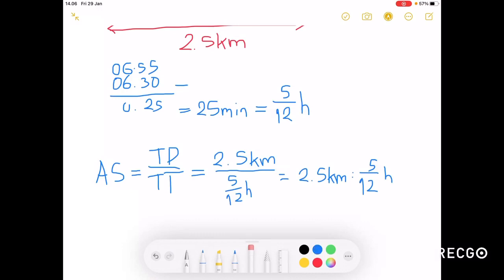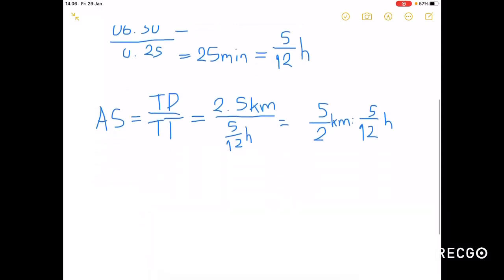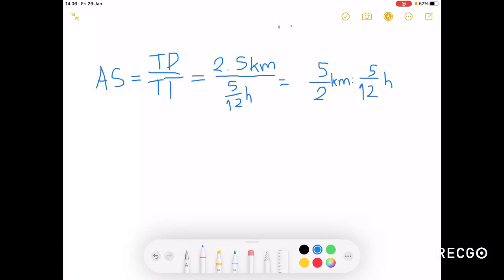And perhaps I'll just rewrite 2.5 kilometers as an improper fraction, because that will be easy for our division of fractions later. So 2.5 will be just equal to 5/2, and don't forget the kilometers. And now we're ready to do the division.